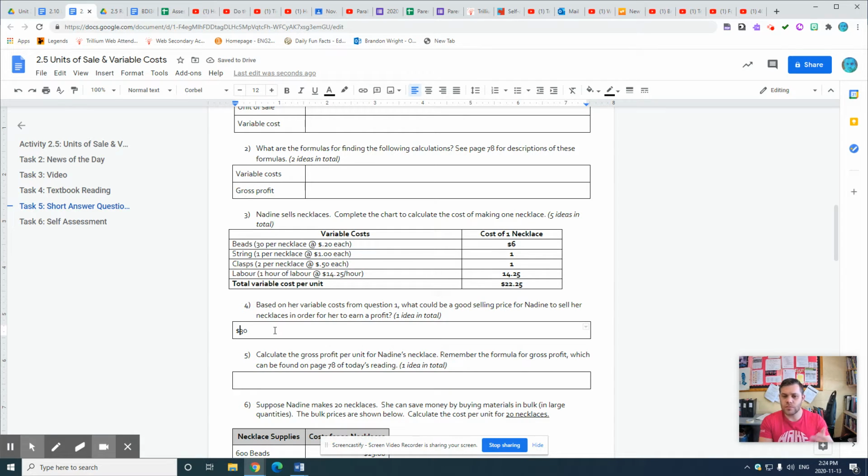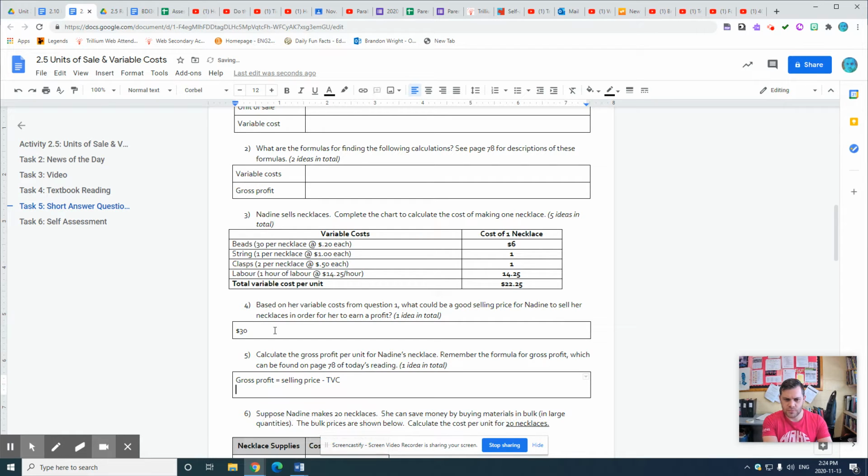Say, let's make it $30. So how much profit would that get her? That's what question 5 asks. Remember, gross profit equals selling price minus total variable costs.